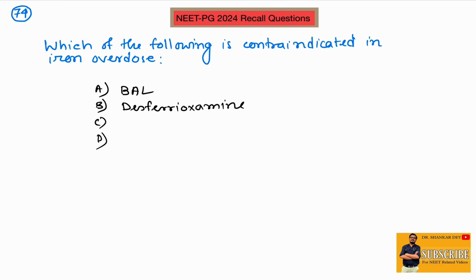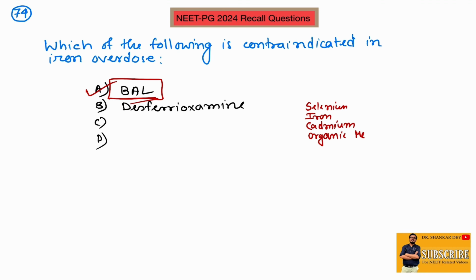Which of the following is contraindicated in iron overdose? It is British anti-Lewisite. British anti-Lewisite or BAL is contraindicated in certain poisonings like selenium, then iron, then cadmium, and organic mercury.